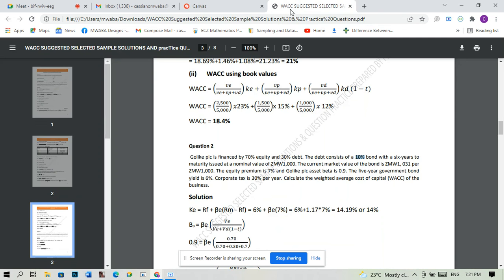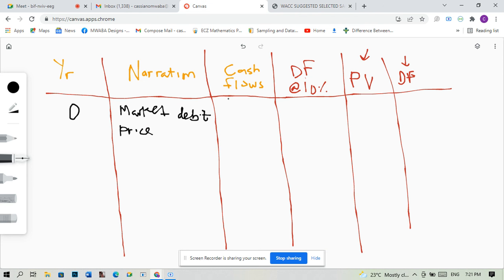So we go to our question: what's the market debt price? The current market value of the bond is 1031. So we're going to put this in brackets, which says that this is negative. Why is it negative? Because it represents an investment, so it's an outflow of cash.